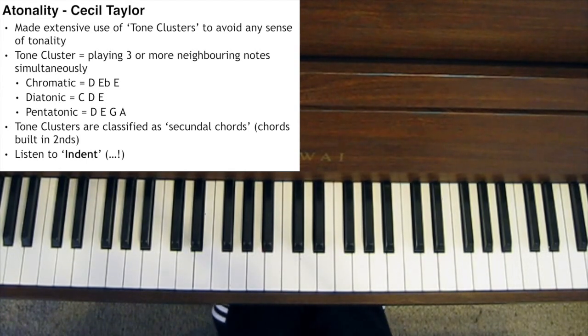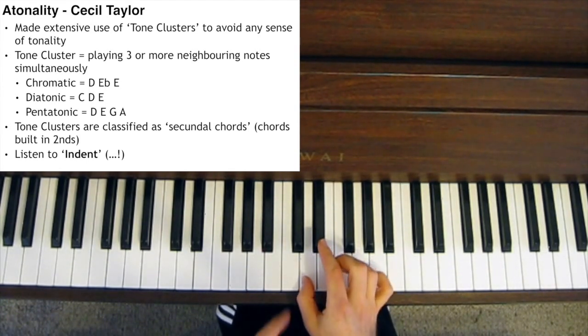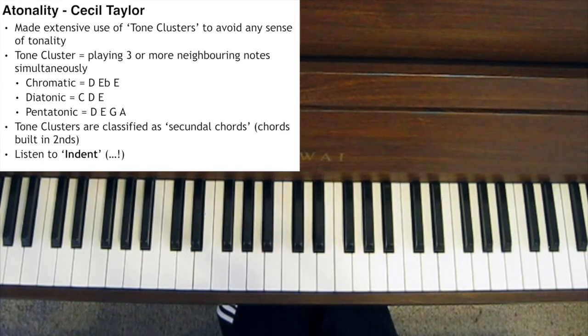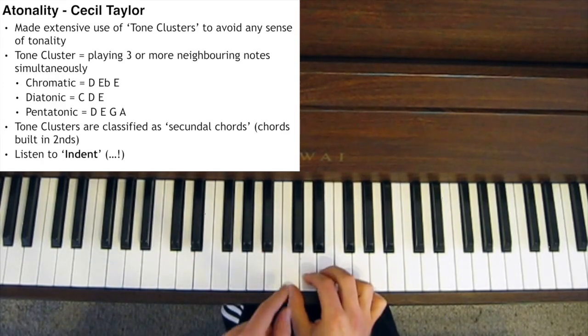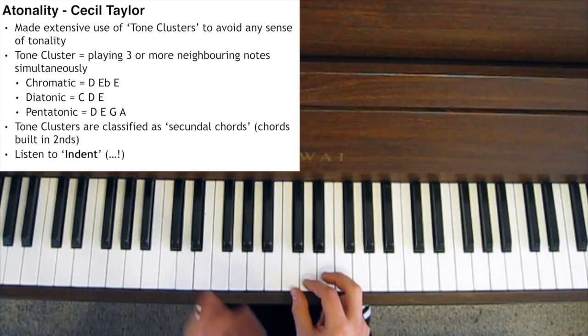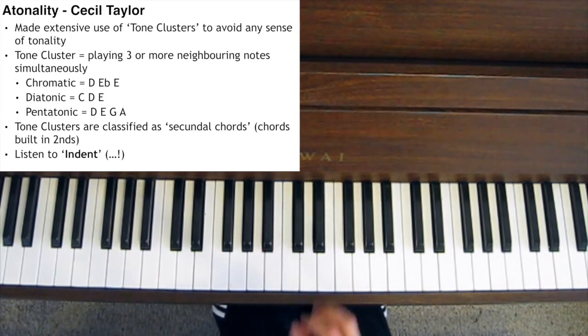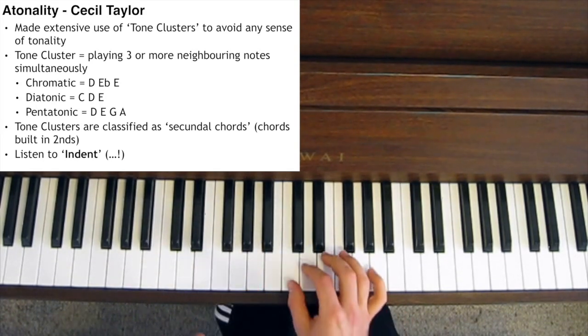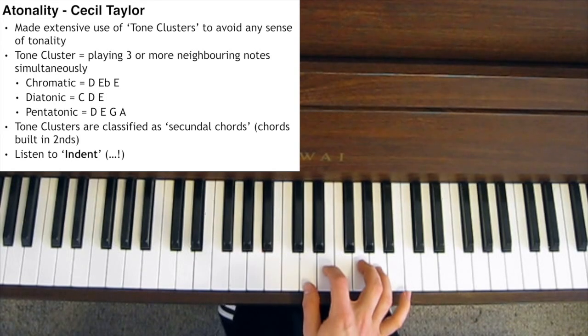So you could have a chromatic tone cluster by playing chromatically neighboring notes, or a diatonic tone cluster by playing diatonically neighboring notes, like C, D, E in the scale of C major. Or you could have pentatonic tone clusters, which play neighboring notes from a pentatonic scale, for example, the C pentatonic scale.